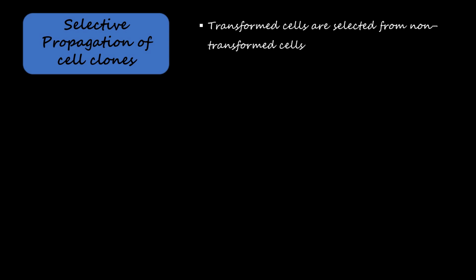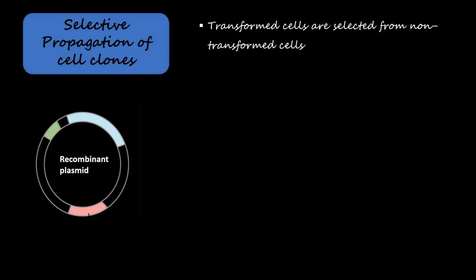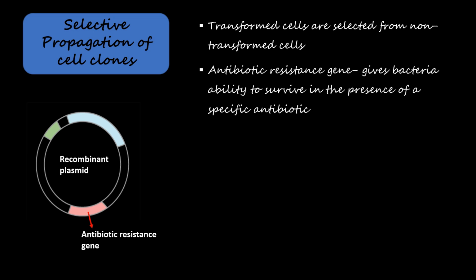The next step of selective propagation of cell clones is very important because in this step, transformed cells are selected from the non-transformed cells. Every plasmid contains a specific site known as an antibiotic resistance gene, which gives bacteria the ability to survive even in the presence of specific antibiotics.